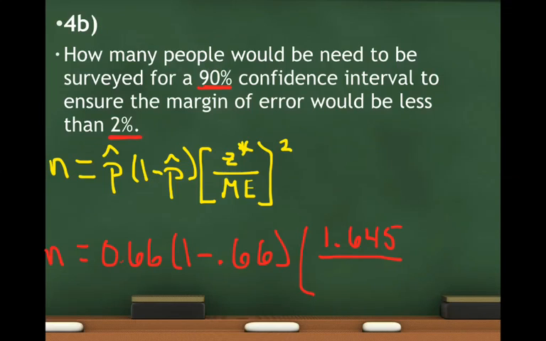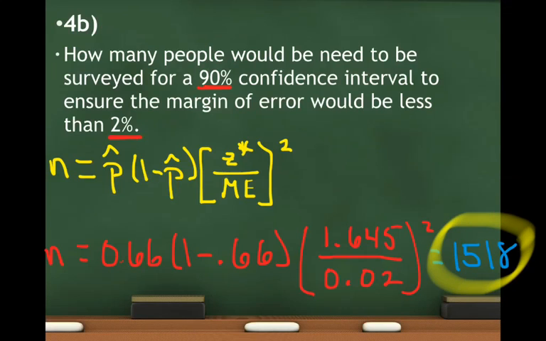Here we're looking at 2%, so 0.02, and you want to square that there. Why don't you pause the video and find that value there. Hopefully you have found that value, and I believe you should get 1,518. Right here, this is how many people should be surveyed if we want 90% confidence and our margin of error to be less than 2%.